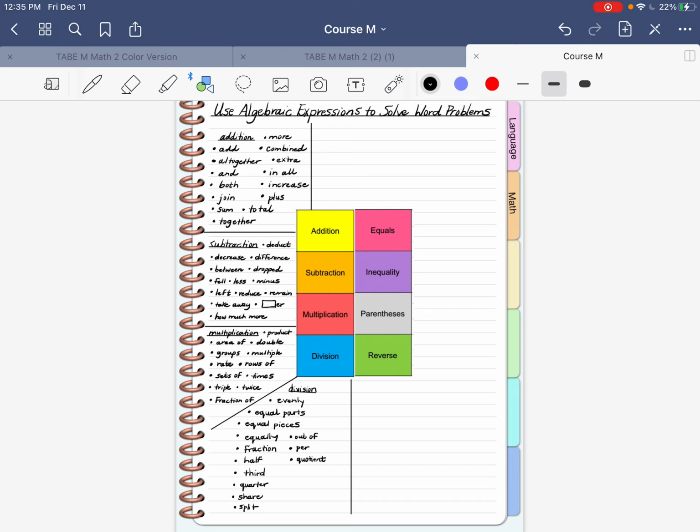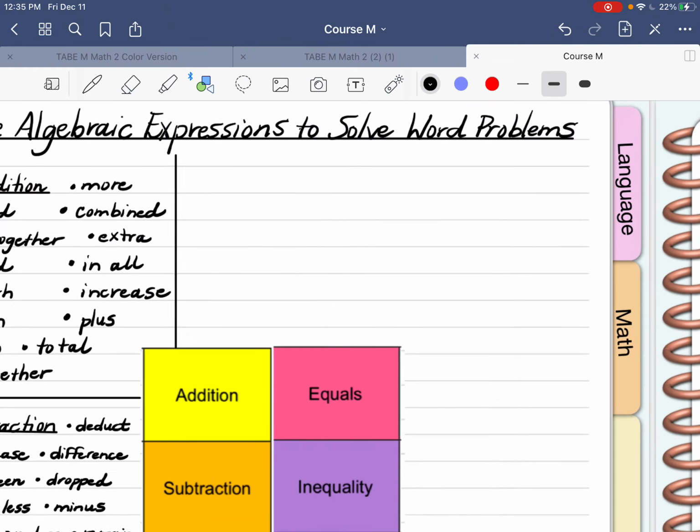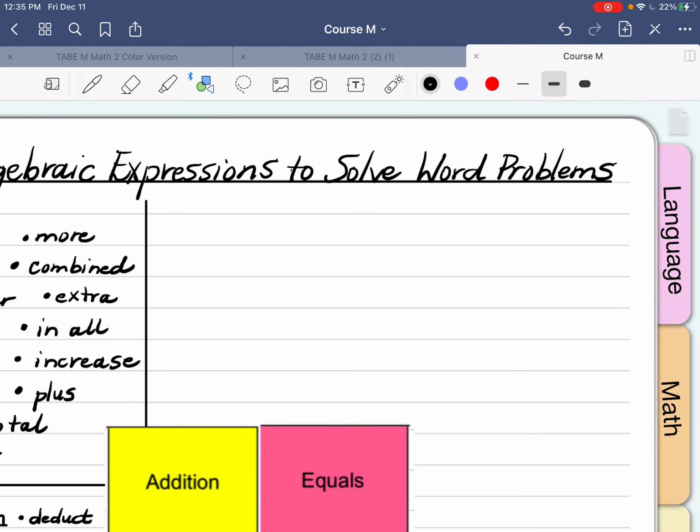Okay, let's go up to the top again to equals. So I'm going to give you some words that mean equals. Sometimes it will use the word equals itself. But this is telling you to write the equal sign. Is, were, was, and are.